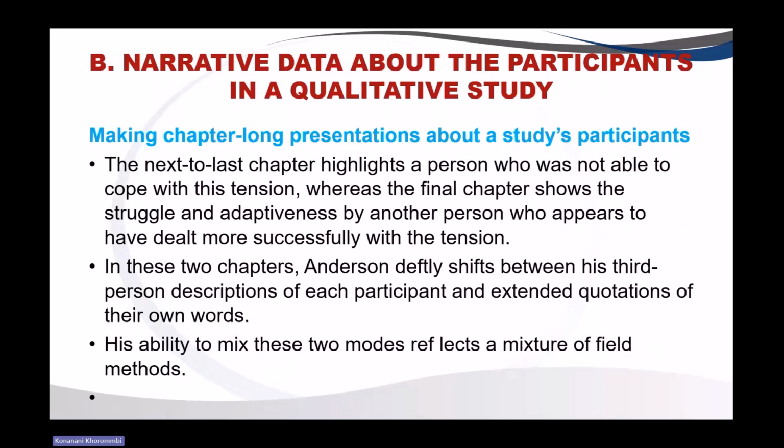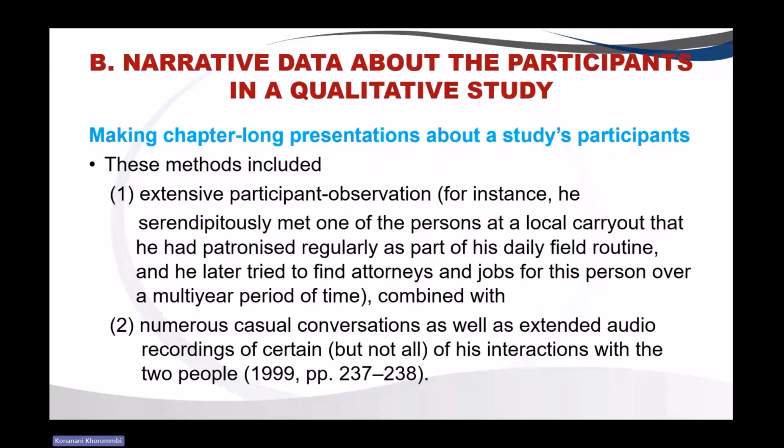Here are the methods that are reflected in what would be seen as very long discussions that span throughout the chapter. In terms of Anderson, this is what was included: extensive participant observation, combined with numerous casual conversations as well as extended audio recordings of certain of his interactions with the two people.